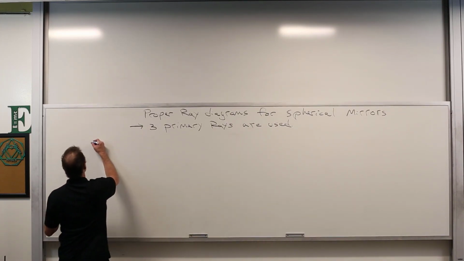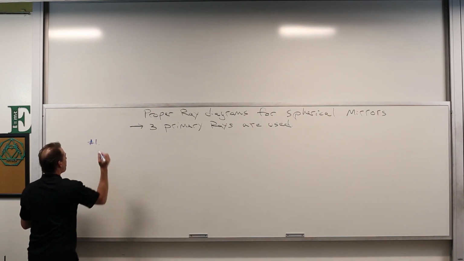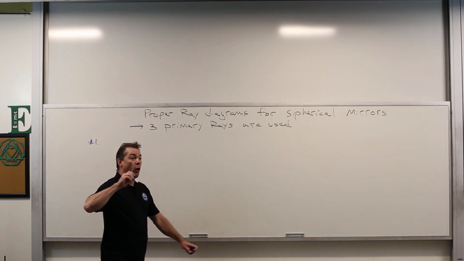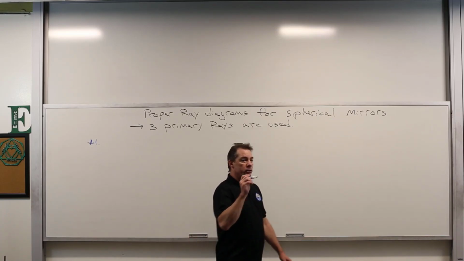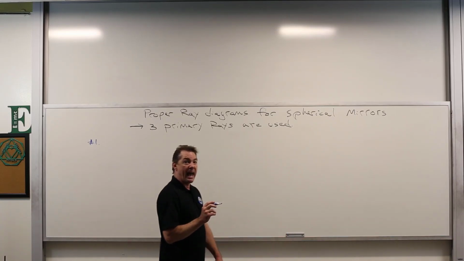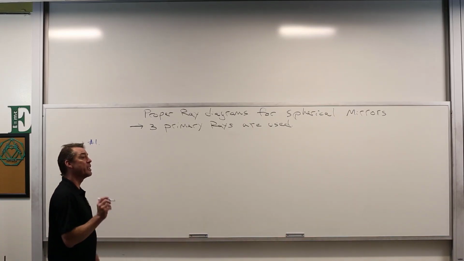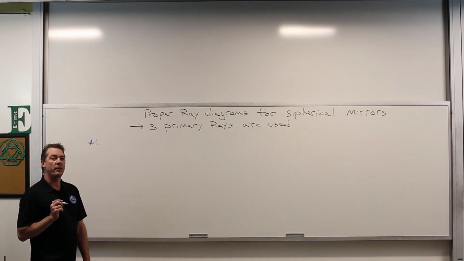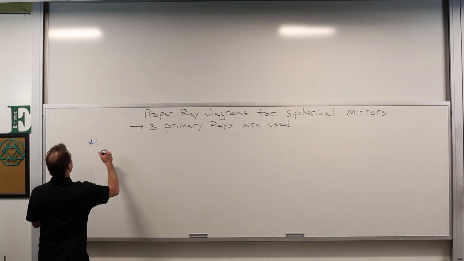We'll do number one. The first ray is going to go parallel to the principal axis and reflect such that it goes through or is aligned with the focal point of the mirror.